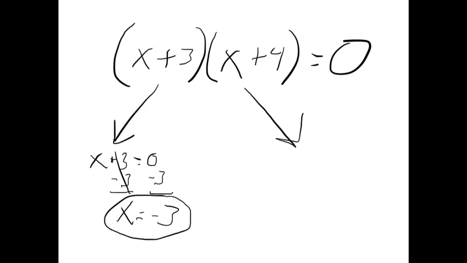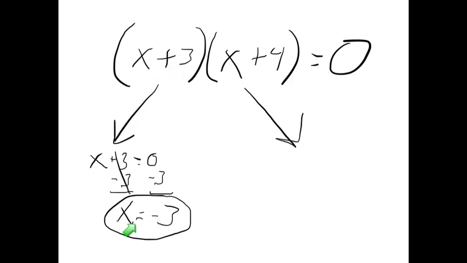But we're trying to find a pattern here that will help us solve these quadratics much more quickly. So please notice that this x equals -3 is just the opposite value of this +3. If there's a +3 here, there's a -3 here in the solution. This is the factored form, x plus 3.